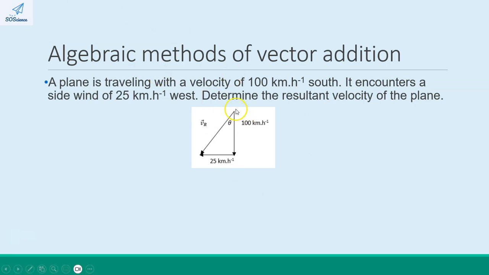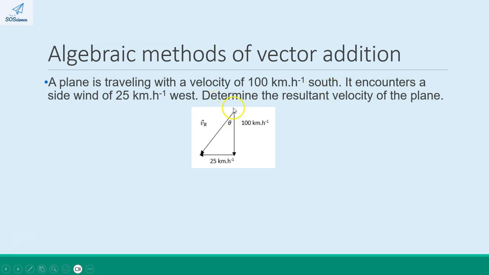So here is the 100 kilometers per hour vector. It encounters a side wind to the west, which is in this direction over here, of 25 kilometers per hour. So here's a sketch, not drawn to scale, of my head to tail method. Determine the resultant velocity of the plane.